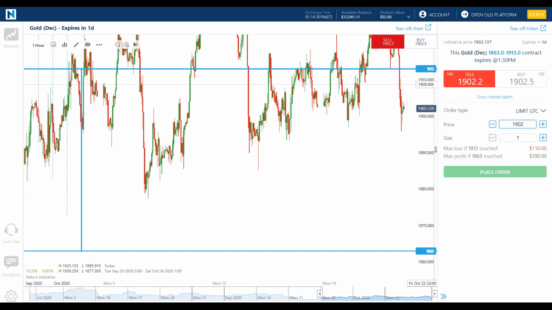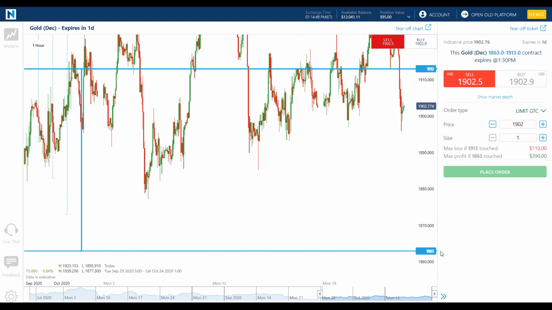If I were to sell this, and here's a different knockout, the 1863 floor, 1913 ceiling, if I were to sell this at 1902, and I'm wrong and it does rally and it touches 1913, I would stand to lose $110. But if gold were to bottom out and drop, because that's what I thought was going to happen, I could potentially make $390 if it went down and touched this 1863 level.